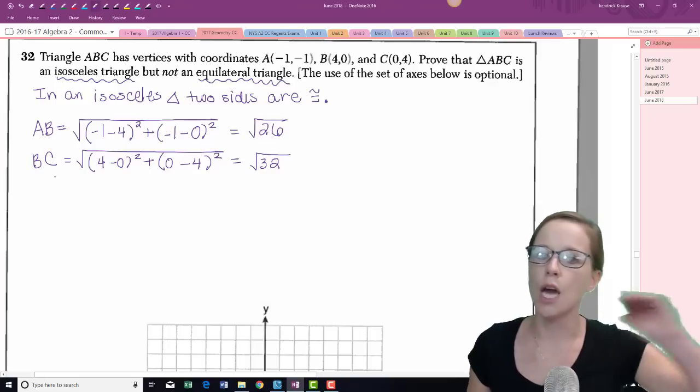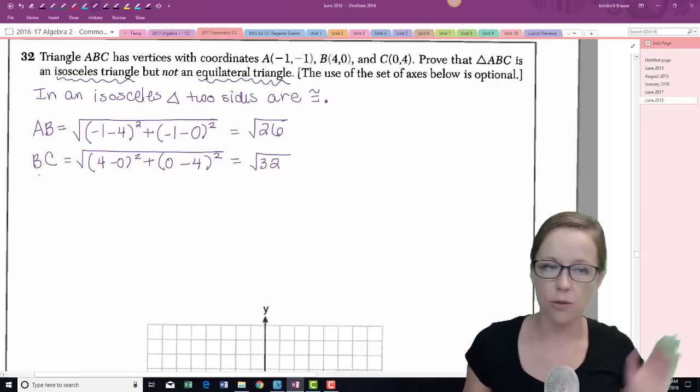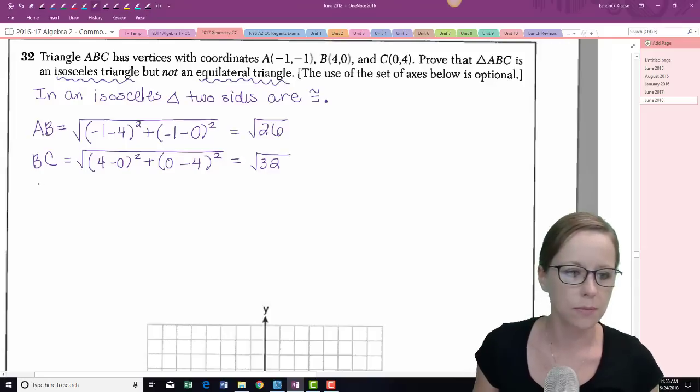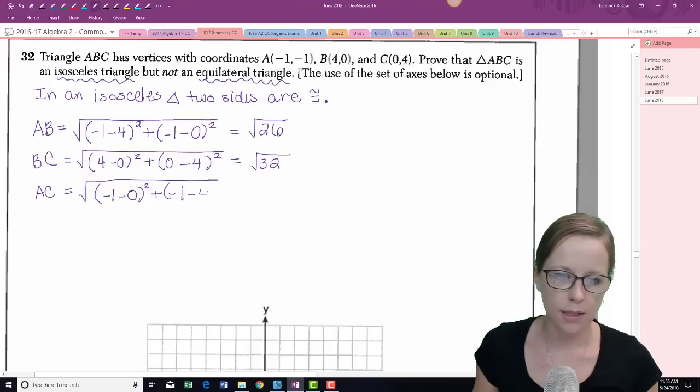I'm putting just the underneath into the calculator to get the value, and I can compare them that way. Then A to C is equal to the square root of -1 minus 0 squared plus -1 minus 4 squared, which equals the square root of 26.